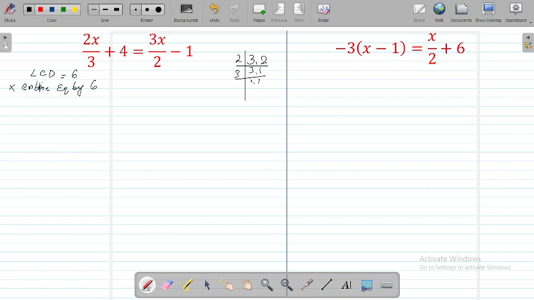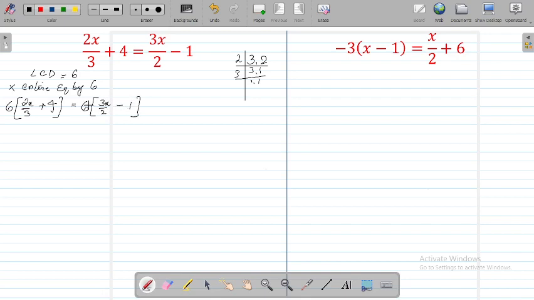When you multiply this entire equation by 6, what you will get is like this: 6 into 2x upon 3 plus 4 is equal to 6 into 3x upon 2 minus 1.